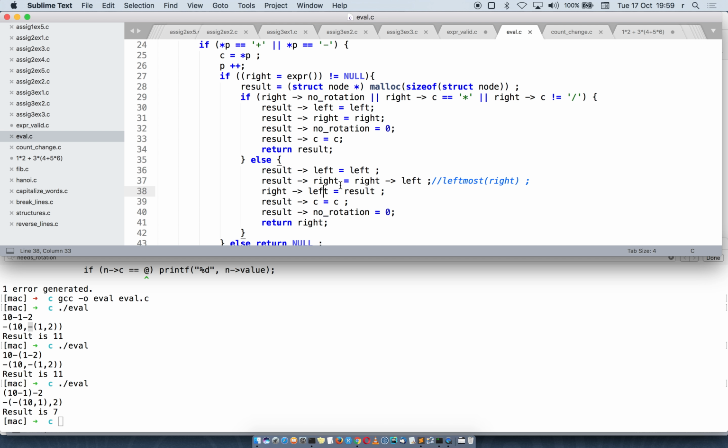This rotation was correct before. So again, result right equals right left. Right left is result. Result right is right left. Right left is result. So this was correct previously. Why is it no longer correct?